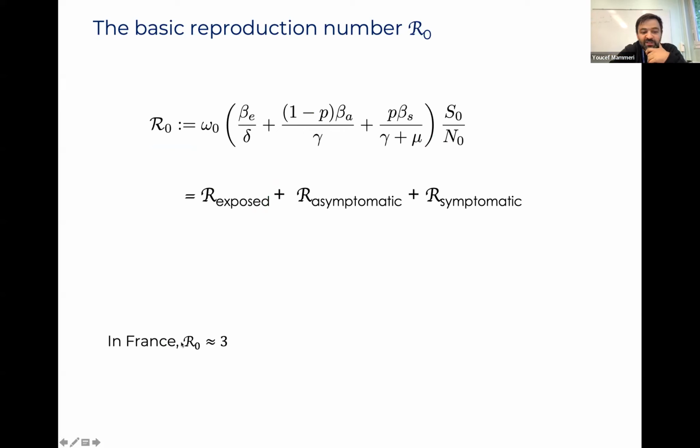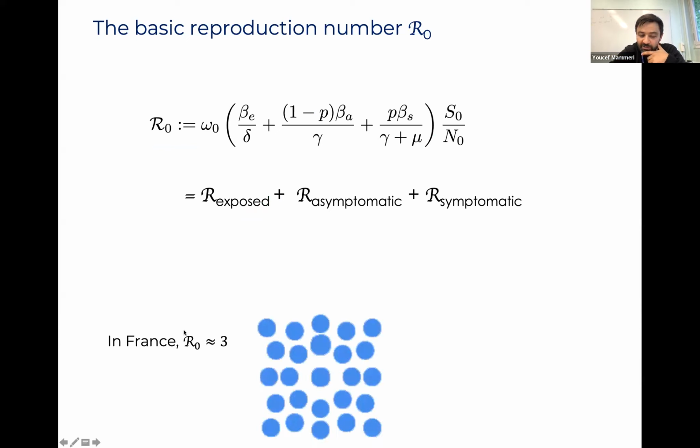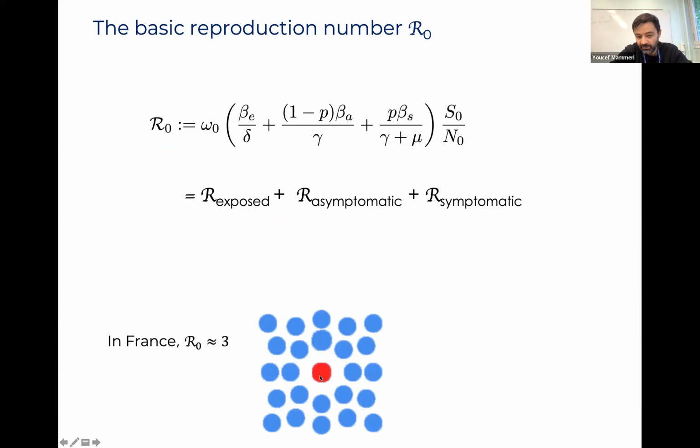So in France, in the beginning of the COVID, it was around 3. Just to explain, what does it mean? It means, if you have 1 infected, it will infect 3 individuals. And then these 3 individuals will infect 3 other individuals each.